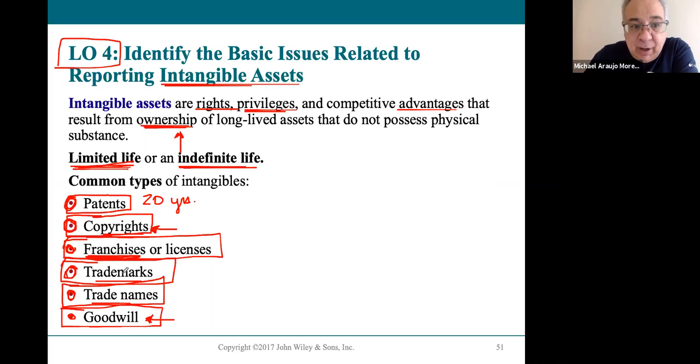Here's probably a really good example. Disney, I'm sure you're all familiar with Disney. All those Disney characters, by the way, are owned by Disney through copyright. Whether you talk early on Mickey Mouse and Winnie the Pooh, or some of the newer ones, whether it's Frozen or other things that they're doing, those characters are owned by Disney through copyright.